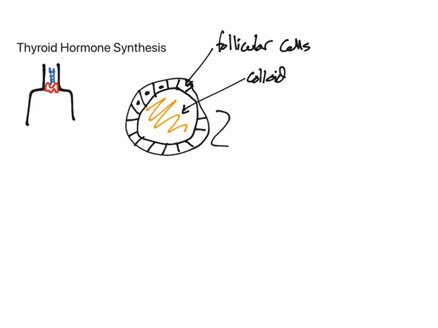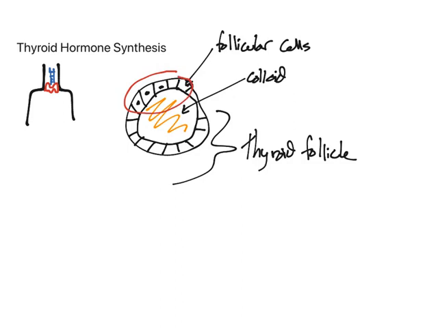The whole thing is called a thyroid follicle. And so now we're going to take a look at a chunk right here at the cell wall. We're going to look at one of the walls of the jelly donut, if you will.